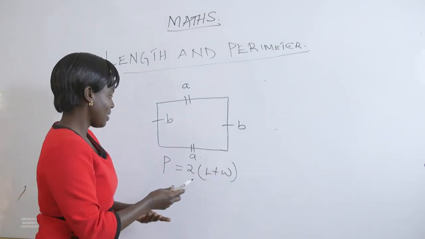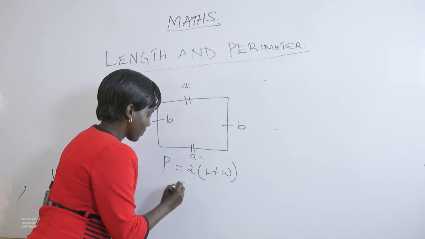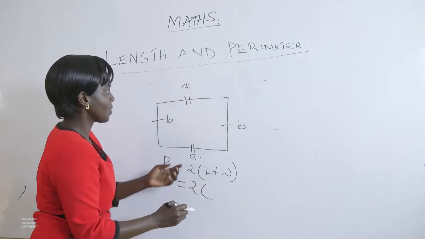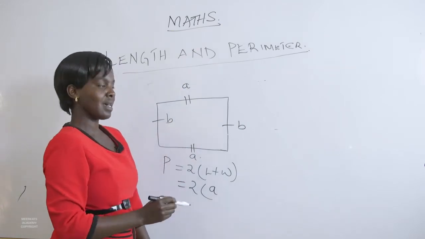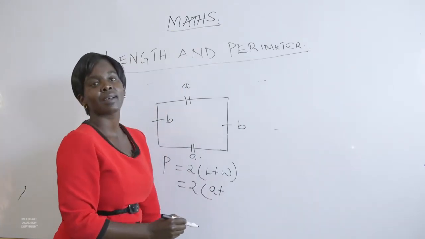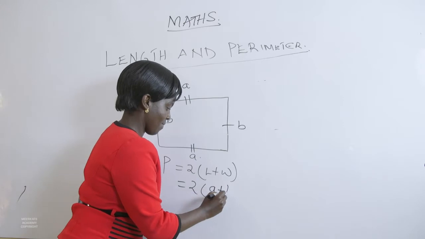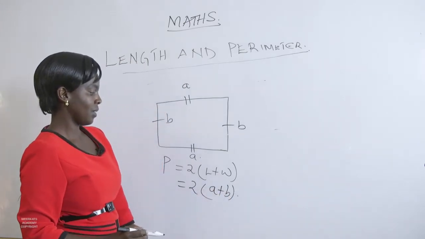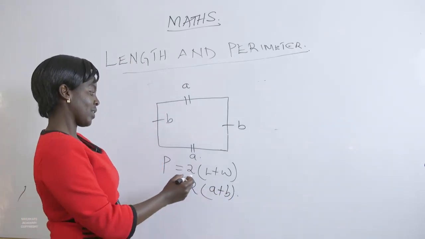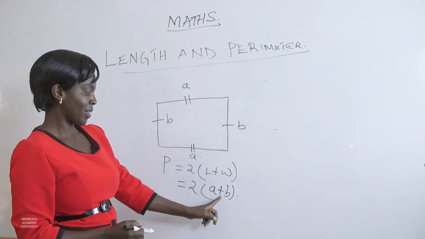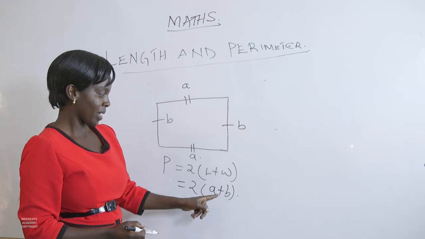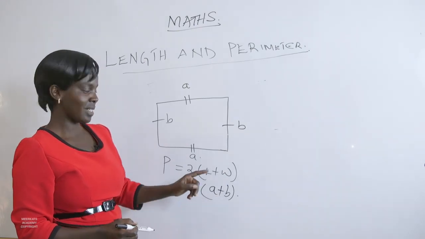Then we will say 2 into length, which is A for our case, and width is B. What do we get? Because we cannot add A and B, since they are not like terms, it will just remain that way.